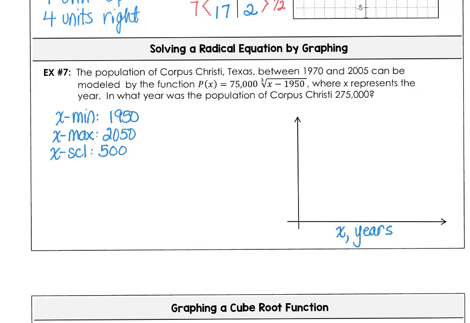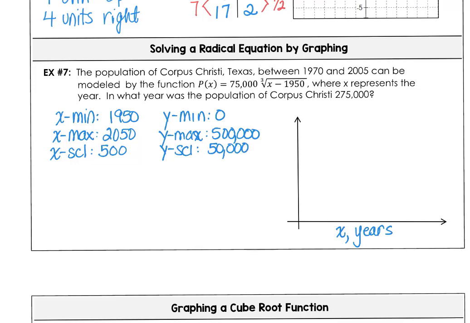So X is the number, is the years starting at 1950. Okay? And then for the Y values, we had a Y minimum at 0 and a Y maximum I set at 500,000. And I had the scale for the Y values going up 50,000 people at a time.